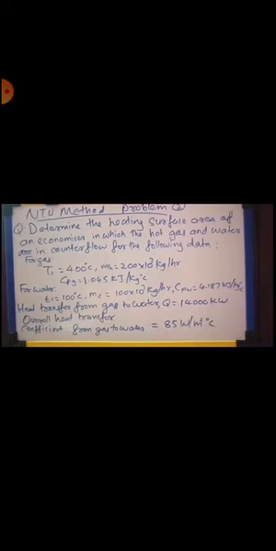For water, T1 is equal to 100 degrees centigrade, m dot C is equal to 100 into 10 power 3 kilogram per hour, CPW is equal to 4.187 kilojoule per kilogram degree centigrade. Heat transfer from gas to water, Q is equal to 14,000 kilowatt. Overall heat transfer coefficient from gas to water is equal to 85 watt per meter square degree centigrade. This is the question.